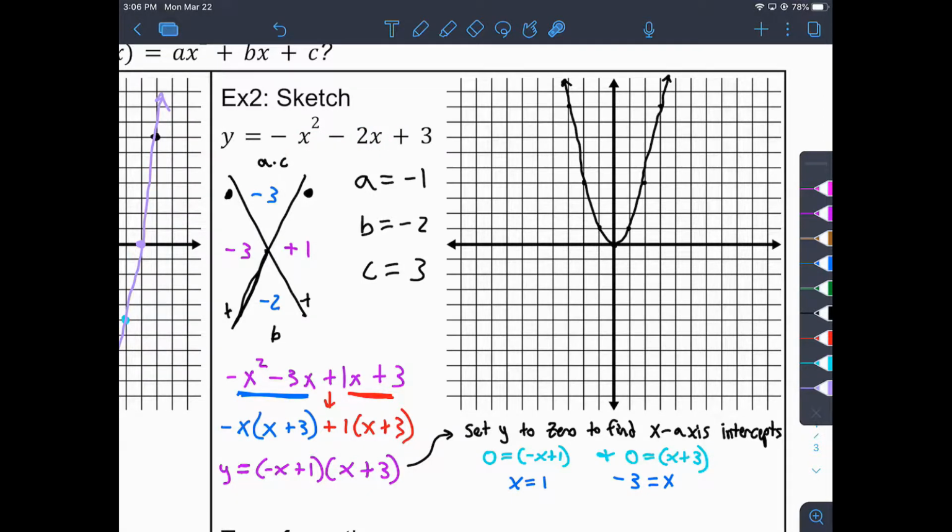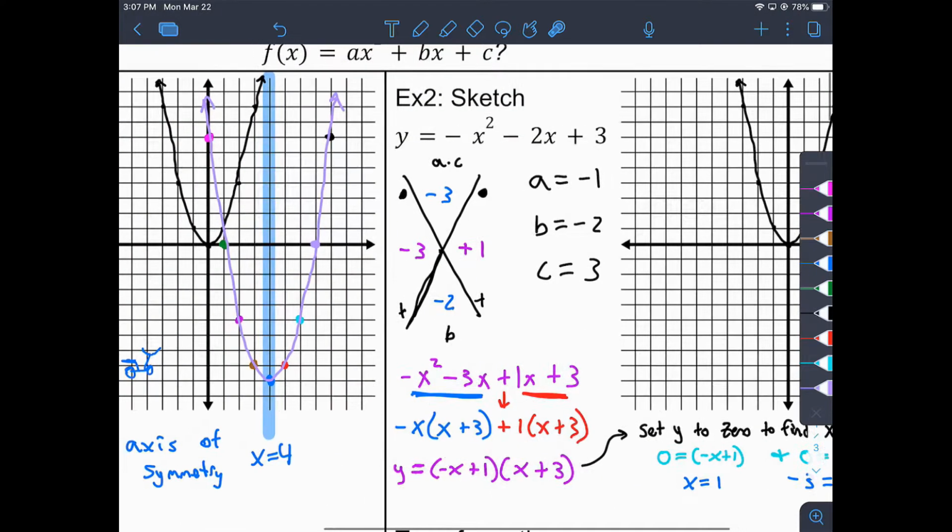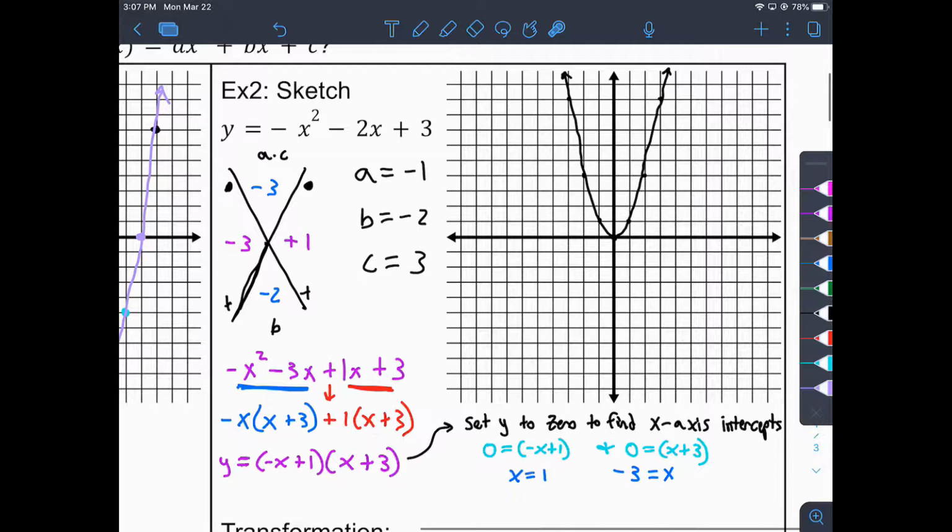I decided that since I learned from the last problem that the vertex is directly between the two x-axis intercepts, what if I just decided to find the x-axis intercepts? How do we do that? Well, look at this. We factor it. And I found that the graph crosses at 1 and at -3. So if I were to graph that, it crosses at 1 and it crosses at -3.